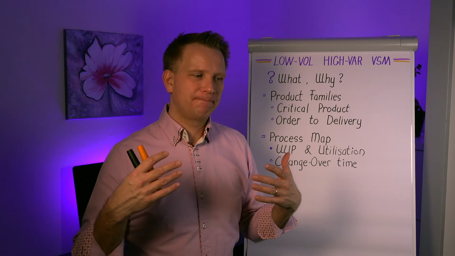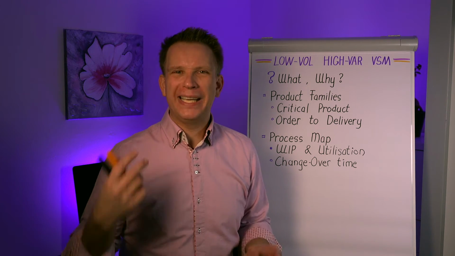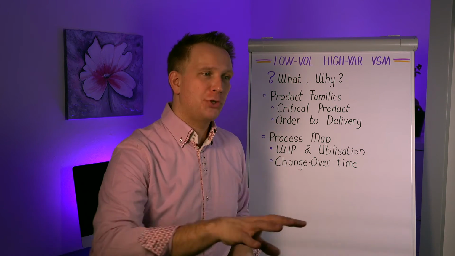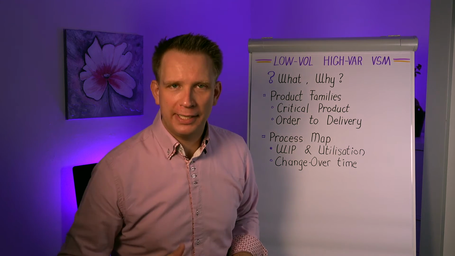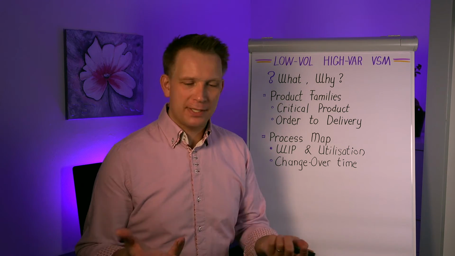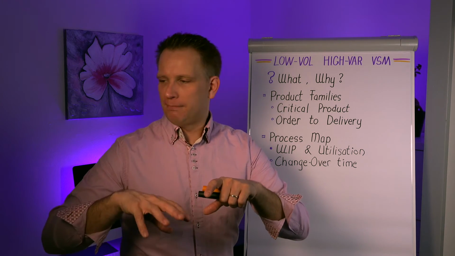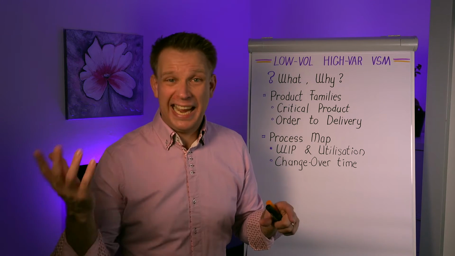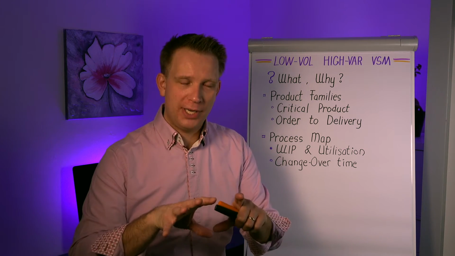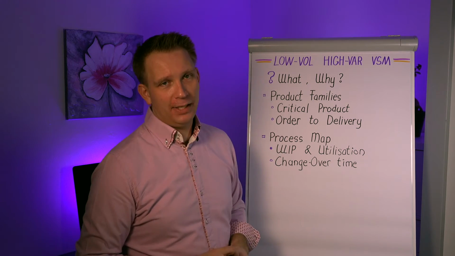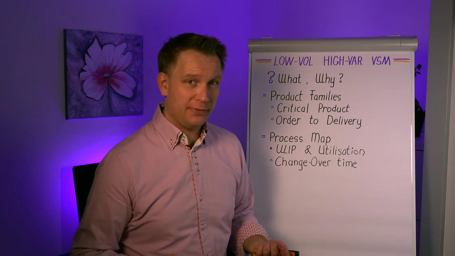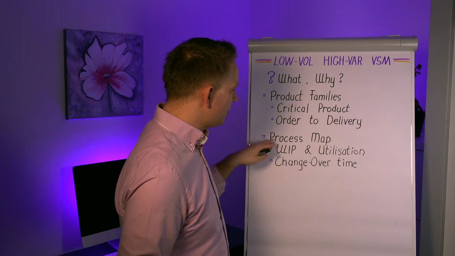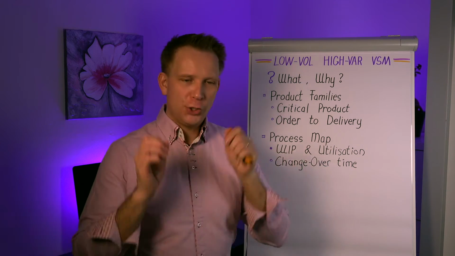If you follow just one product, you will not really see that a machine has over 90% of its capacity being used, because this one product just uses a couple of hours a day, or a week, something like that, of this machine, especially in a low volume, high variation type of setting. But when we do the process mapping, check the total utilization.